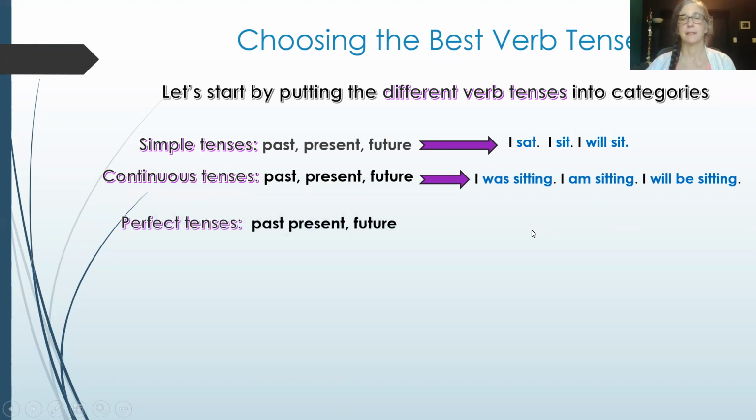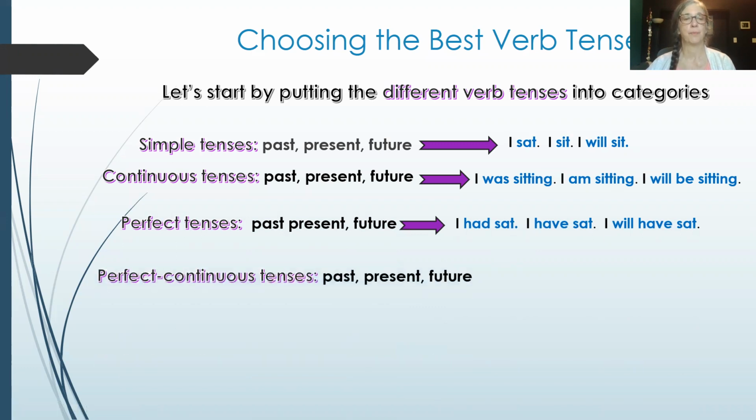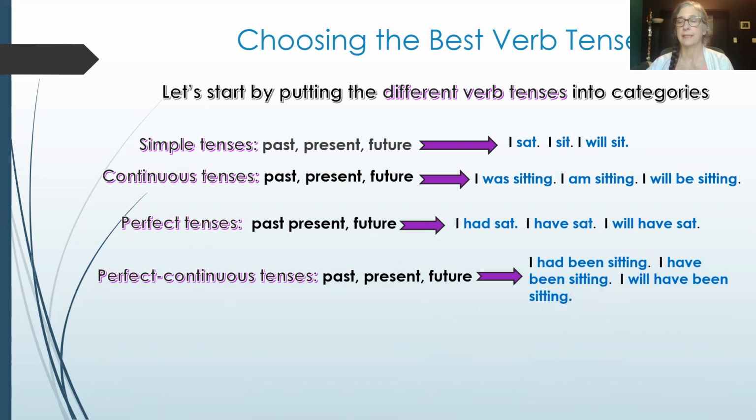The perfect tenses, again, past, present, and future. I had sat, I have sat, I will have sat. And then your perfect continuous tenses, past, present, and future. I had been sitting, I have been sitting, I will have been sitting.